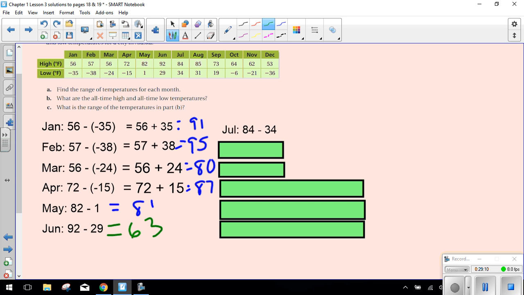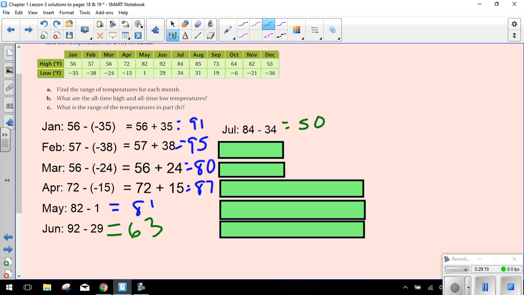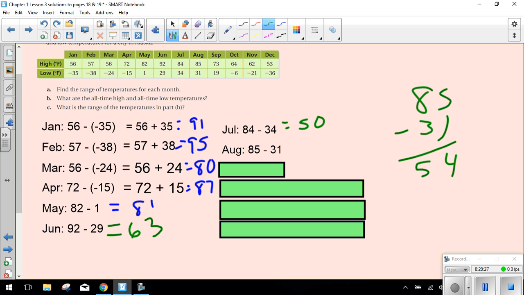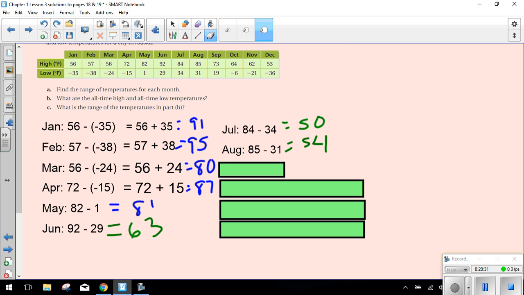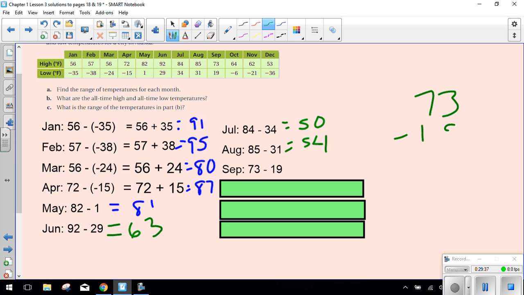For July, we'll take 84 minus 34, and we get 50. For August, we get 85 minus 31. We get 54. For September, we get 73 minus 19.